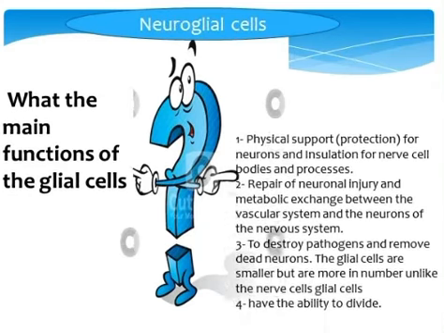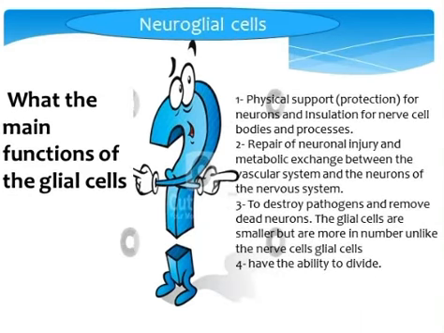What are the main functions of the glial cells? There are many functions of the glial cell. 1. Physical support or protection for neurons and insulation for nerve cell bodies and processes. 2.